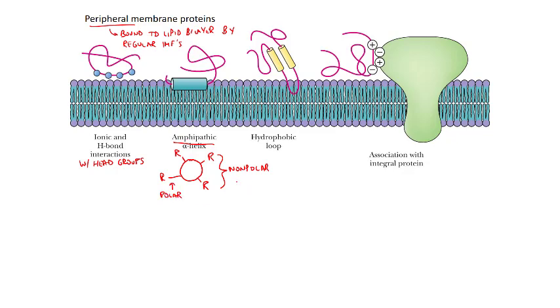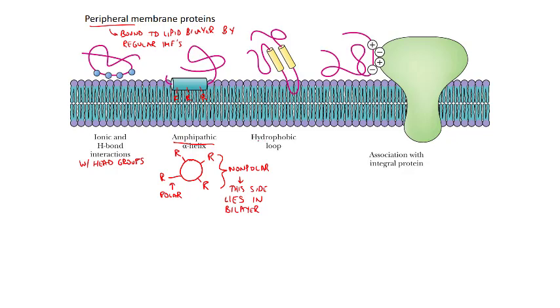And in those cases, this side of the helix can just sort of lie down in the plane of the bilayer, sort of like a hose lying in grass, so that the nonpolar side chains on that side of the helix are sticking down into the fatty acid part of the bilayer.